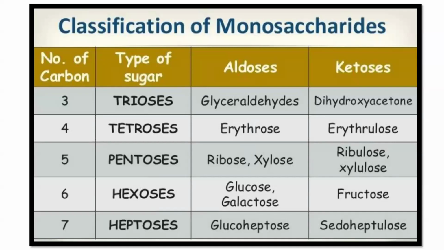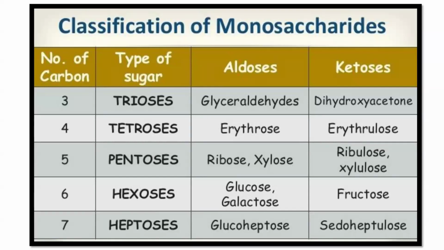Then we have heptoses, those that have 7 carbons. Examples: we have glucoheptose and pseudoheptulose, so the heptulose is under ketoses. So ladies and gentlemen, you should all know that monosaccharides can be classified based on the number of carbons.